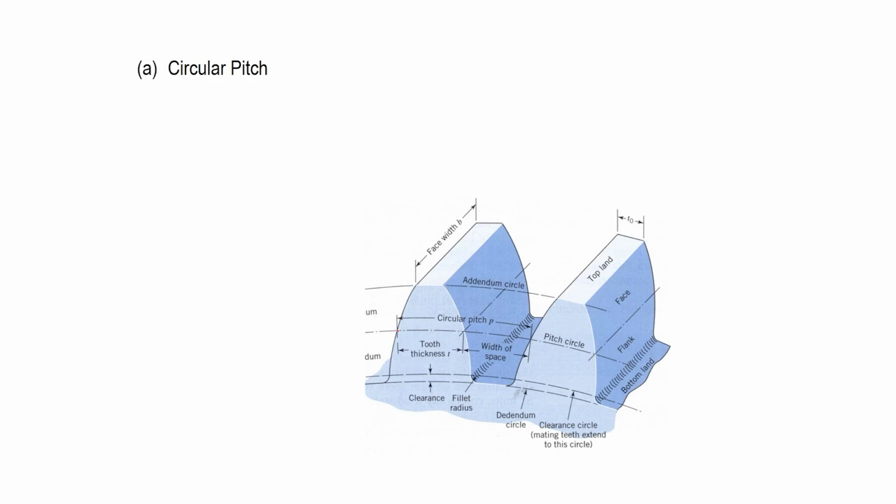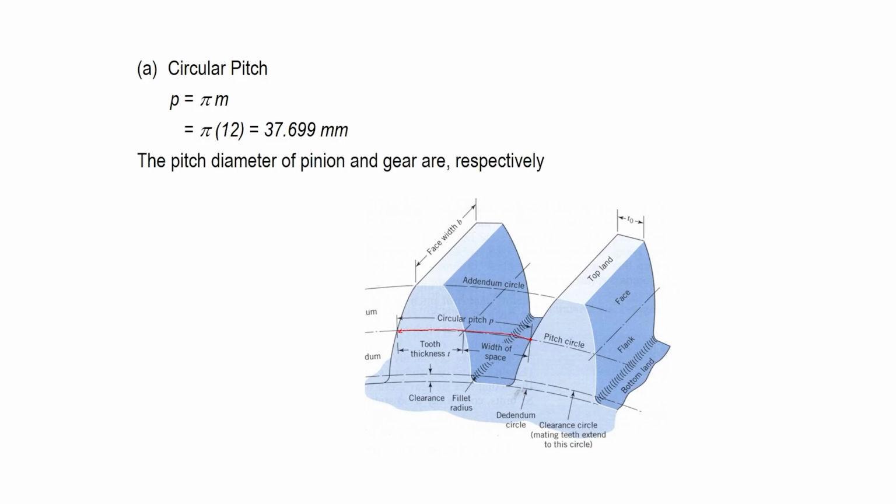Along the pitch circle, the 2 consecutive points are this one, on one gear tooth, and this is on another gear tooth. So, this distance is your circular pitch, and circular pitch is given by pi multiplied by module. So, module is given as 12, and so circular pitch will be pi multiplied by 12, which is 37.699 mm.